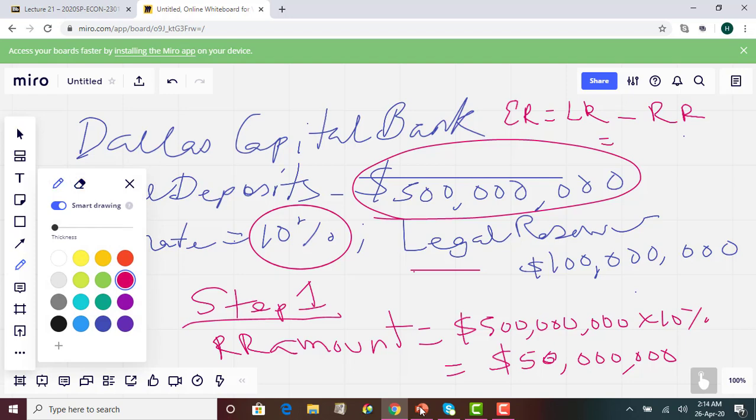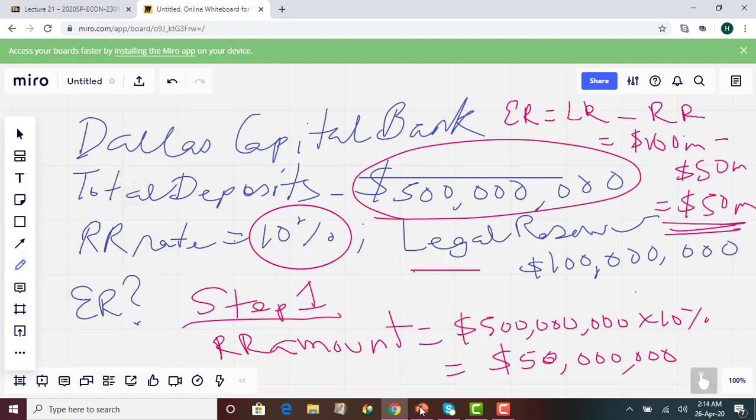So that's 100 million minus 50 million, and that's equal to 50 million. That's your excess reserve. This is the amount of money they can loan out. This is the excess reserve that the bank has, and this is the amount that they can loan out.